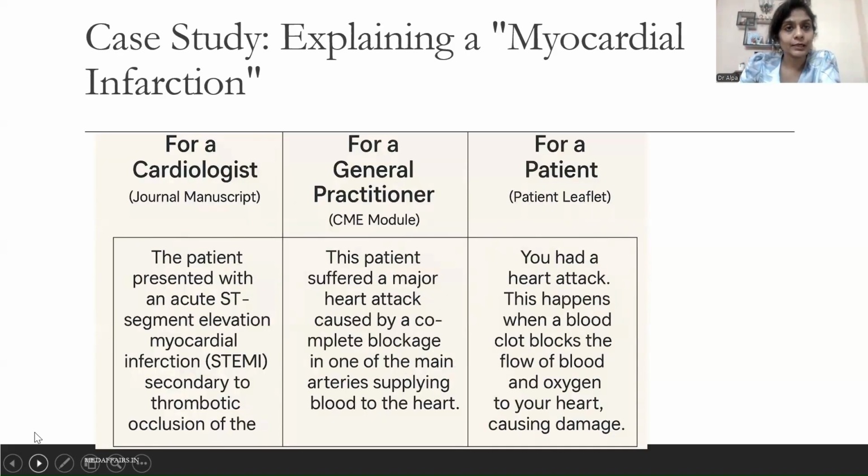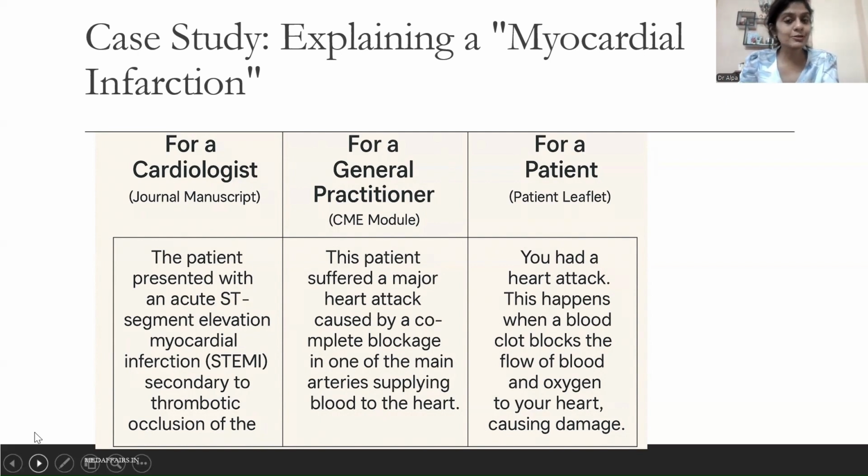So we can take a case study. For example, we are talking about myocardial infarction. If a cardiologist is reading about myocardial infarction, the way of presenting the data would be different. We would write, the patient presented with an acute ST segment elevation myocardial infarction, right?